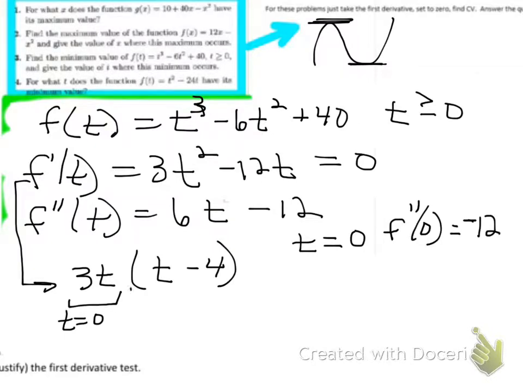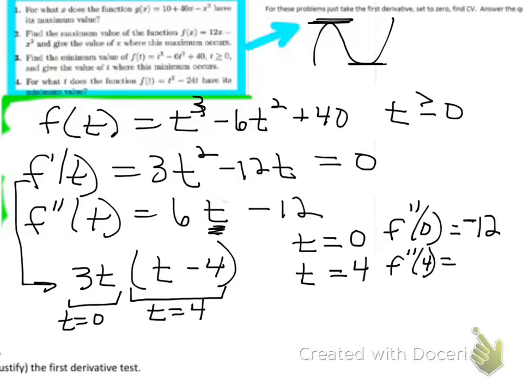Okay, let's keep going. Now look over here. I have t equals 4 as my other factor, and remember these are where my function has a slope of 0. So if t equals 4, let's figure out f prime prime of 4. Plugging it in, 6 times 4 is 24, minus 12 is positive 12.